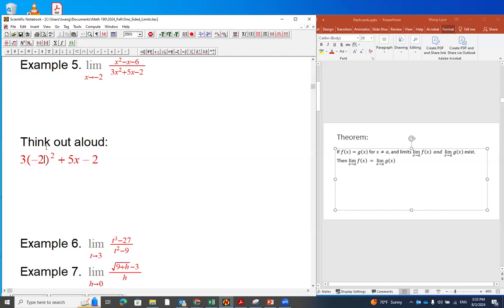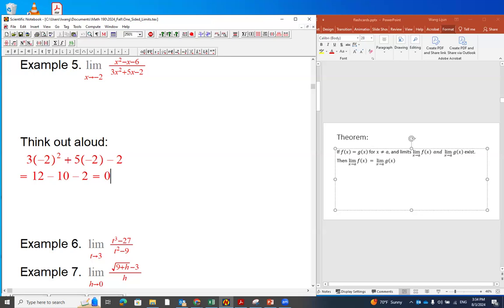Okay, so substitute into the denominator. And does it equal to 0? Well, let's find out. Okay, so this makes 4, so this times 3, that's 12, minus 10, minus 2. That's going to be 0.